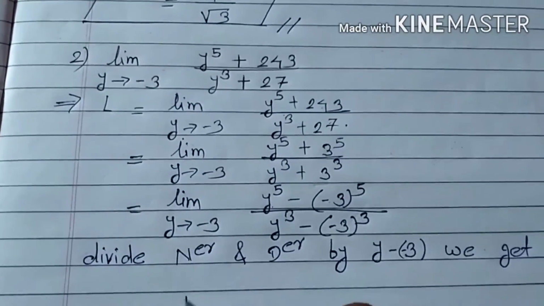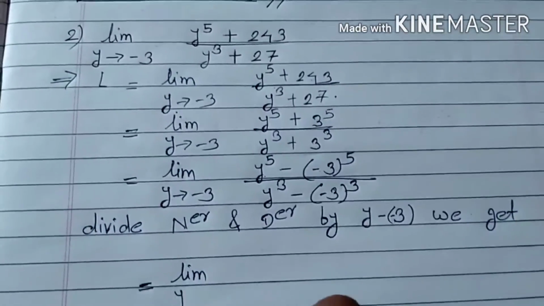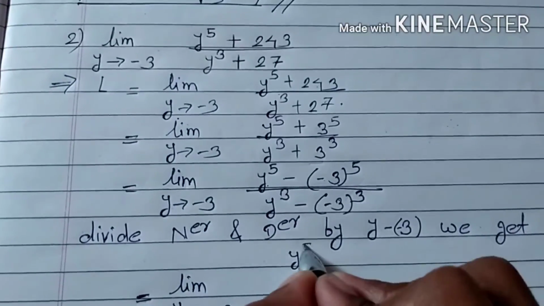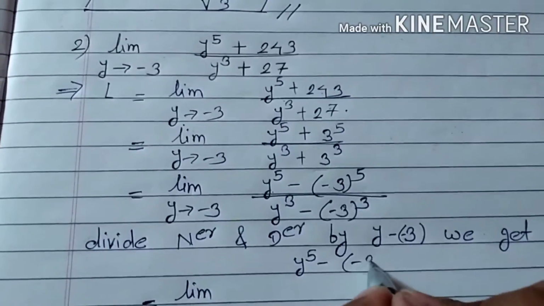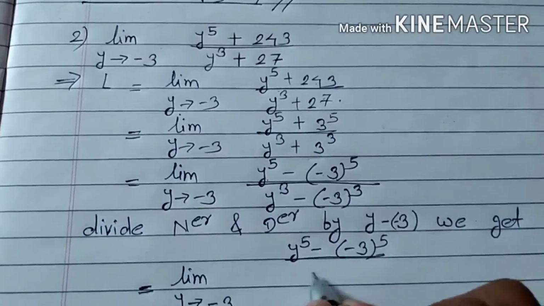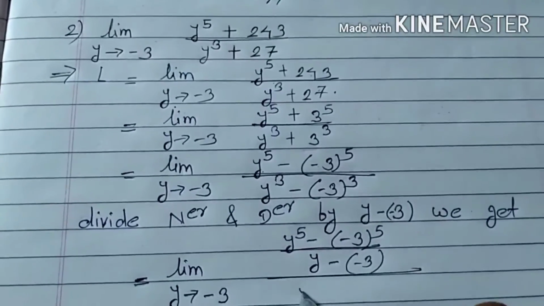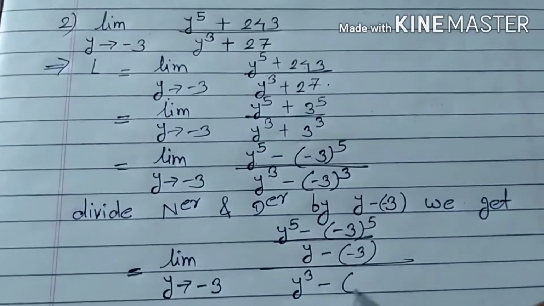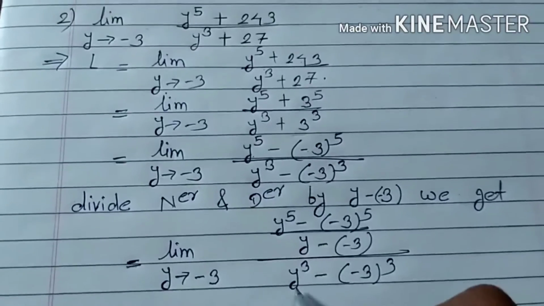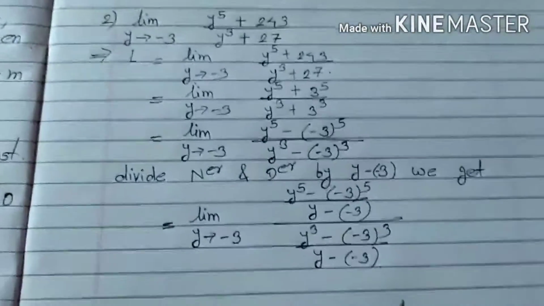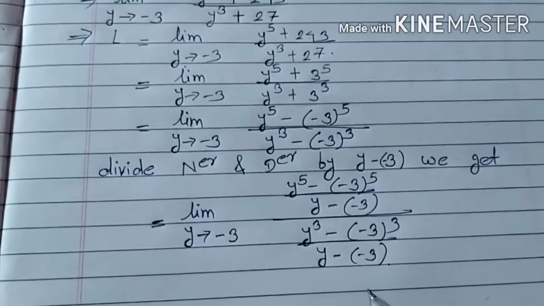Now if we divide numerator and denominator, then we get the limit as y tends to minus 3 of y raised to 5 minus 3 raised to 5 upon y minus 3, upon y cube minus of minus 3 cube upon y minus 3. Now separate the limit.